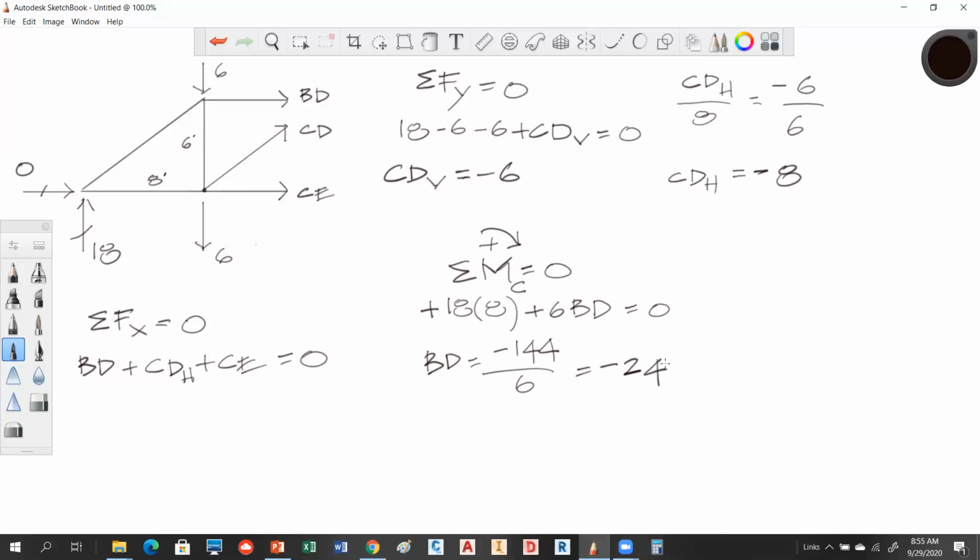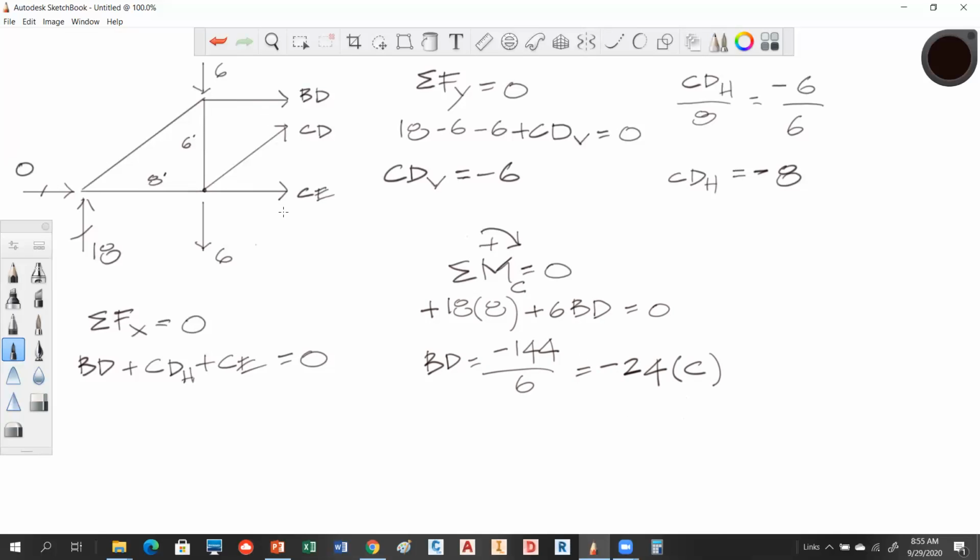We get a negative, right? Does everybody see that? Yeah. So what is happening with BD? Is it tension or compression? Compression. Yeah, because we modeled it initially as tension, and this is saying, no, you're wrong. So we don't change anything here, remember, but we just are going to call it compression, okay? That's what you would do there.